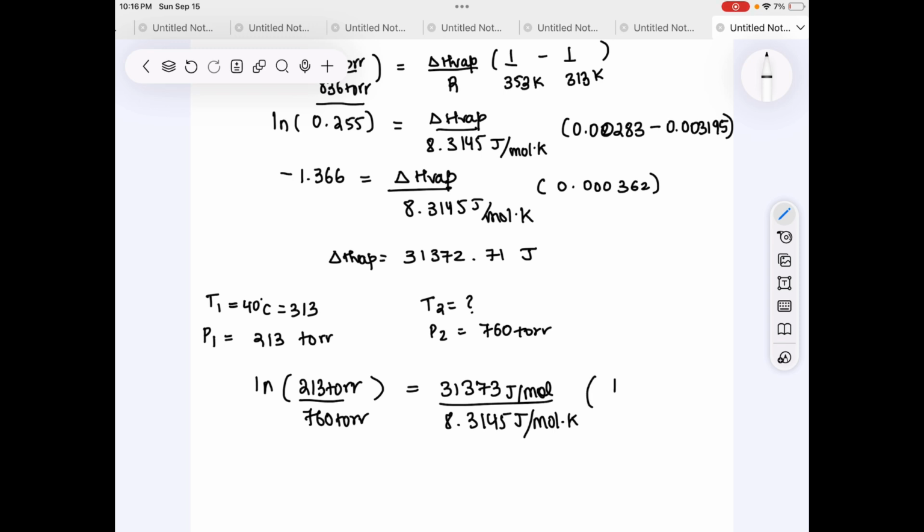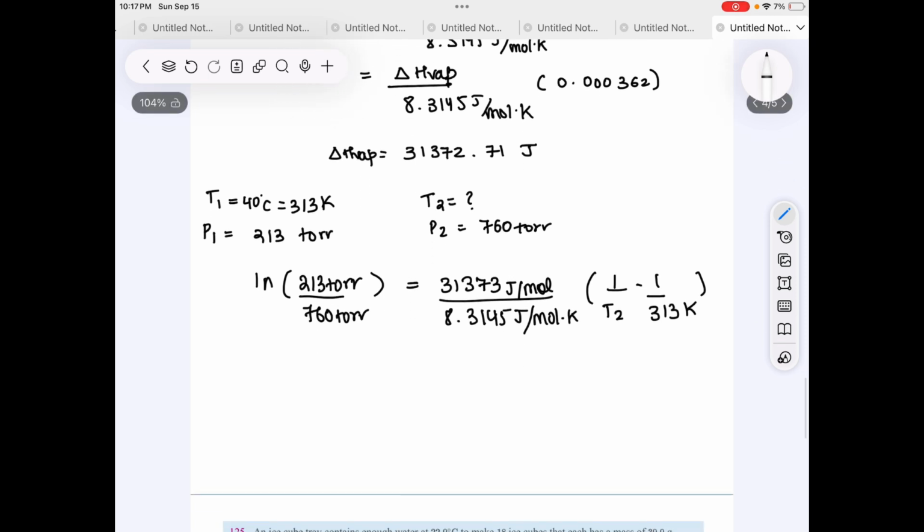And T2, and we have T1, which is 313 Kelvin. Let us solve for this part.